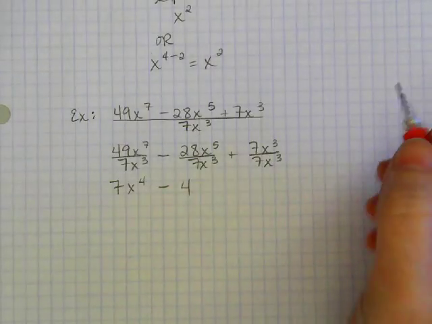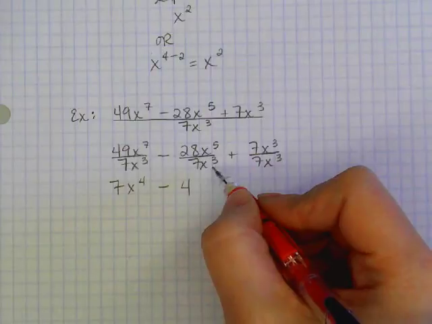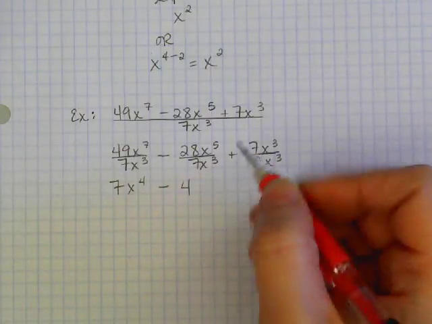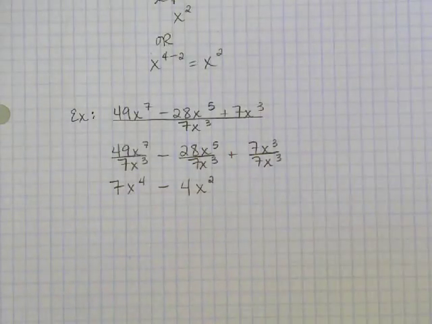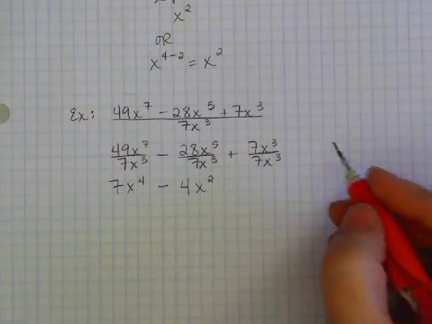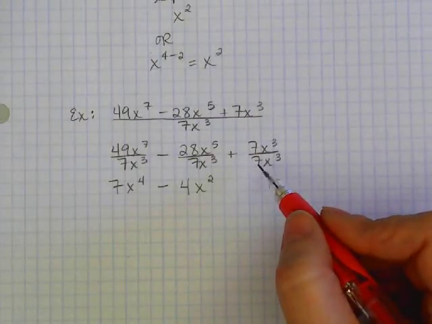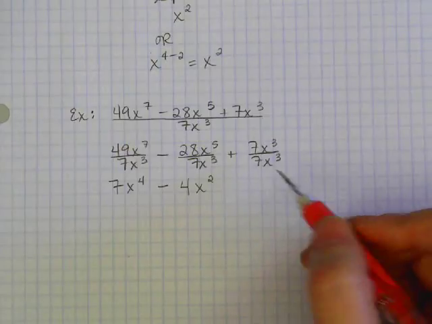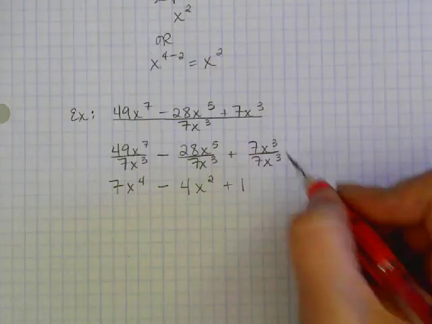So this would be x to the 0. Because anything divided by itself gives us 1, anything to the 0 power is 1. So that's another rule that we need. So anything to the 0 power, so x to the 0, is always going to be 1.